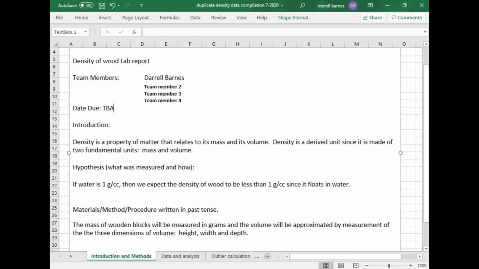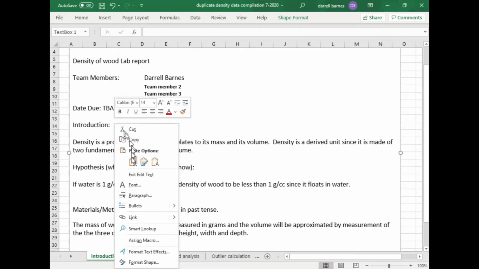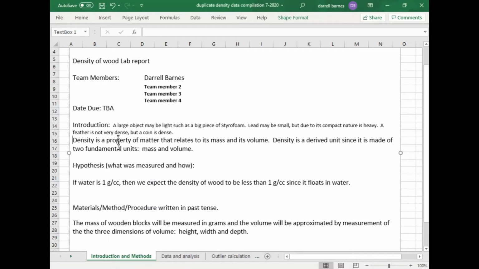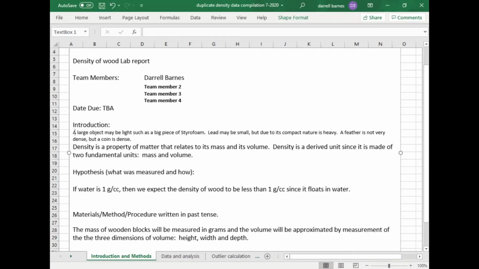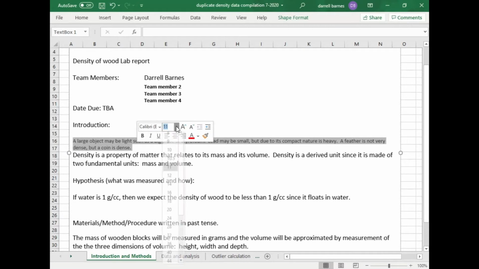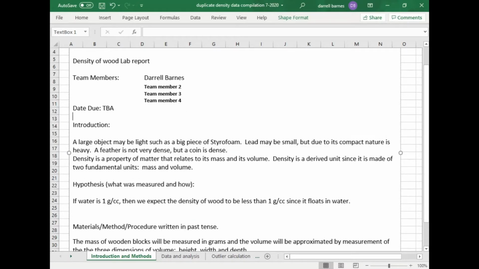I wanted to elaborate a little bit on the introduction. So we're going to insert a little bit of information right here. Talking about density, so let's see how this fits, and we'll get all the text lined up so that maybe we can read this.